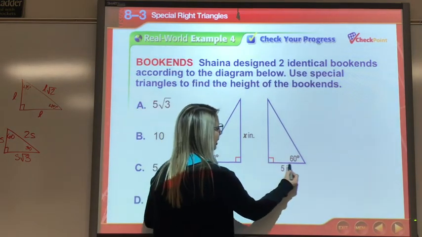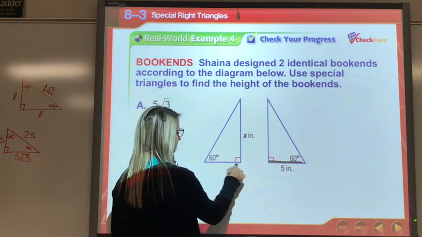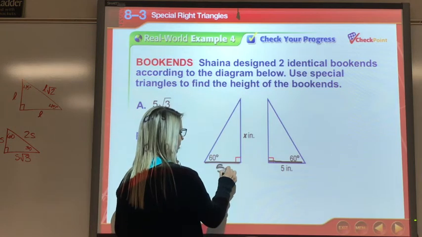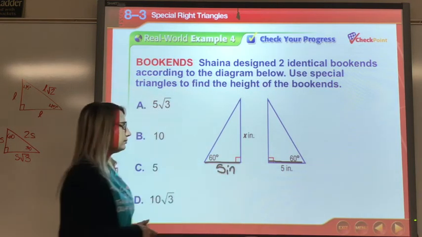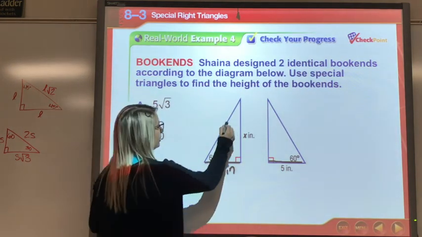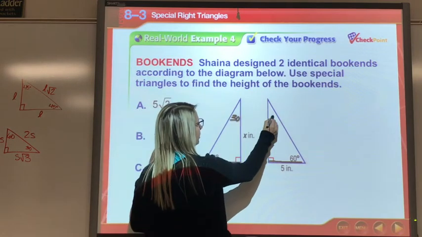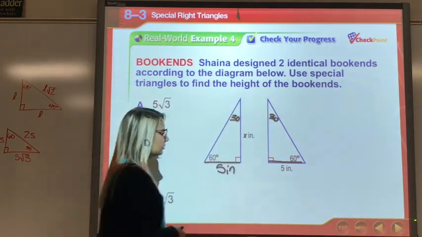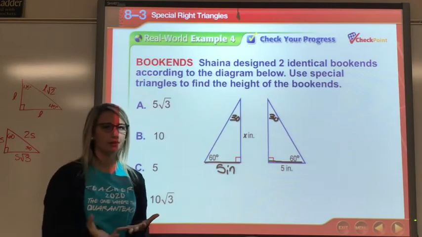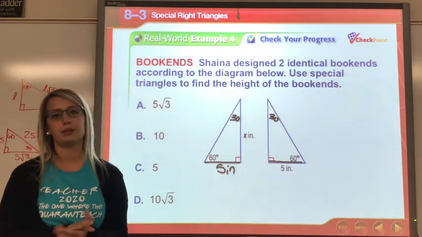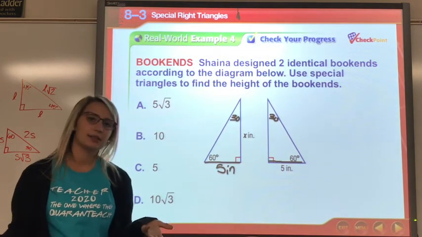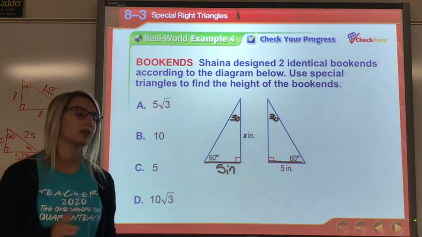So if this bottom is 5 inches, this bottom will also be 5 inches. And this angle up here is 30, and this angle up here is 30. We know that they're congruent because how silly would that be to have 2 bookends that were different sizes? Your books wouldn't be very straight.